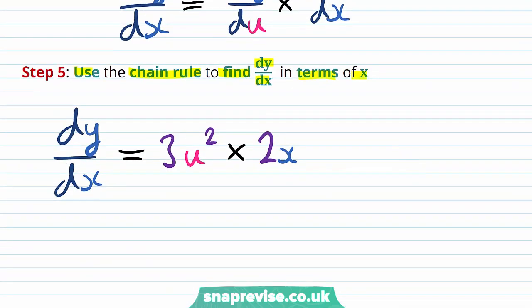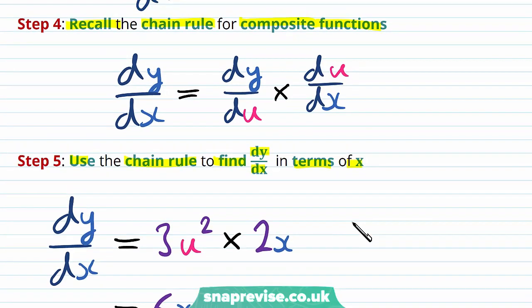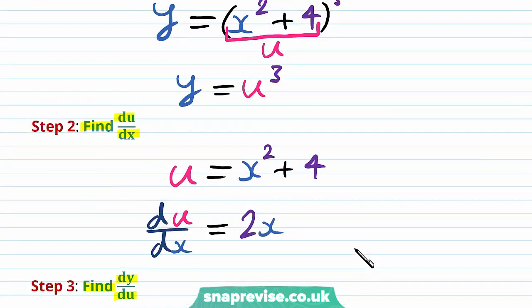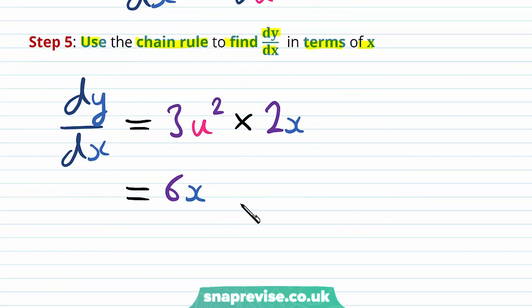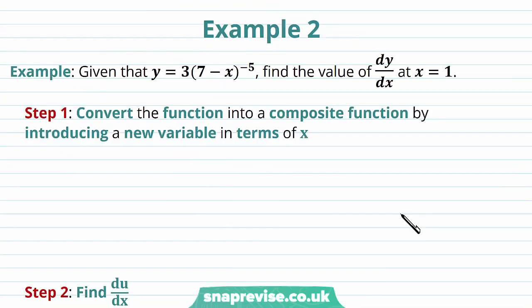We can bring all the constants to the front, and so we get a 6 for the outside constant, and then we have our x, and all we're missing now is our u squared. Well, by definition, u is equal to x squared plus 4, and therefore by substituting back in, we have as our u squared, (x squared plus 4) all squared. This is our result for dy by dx.